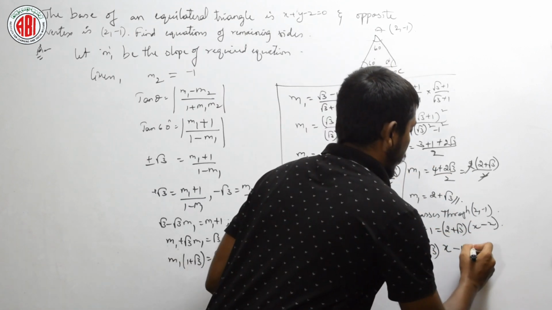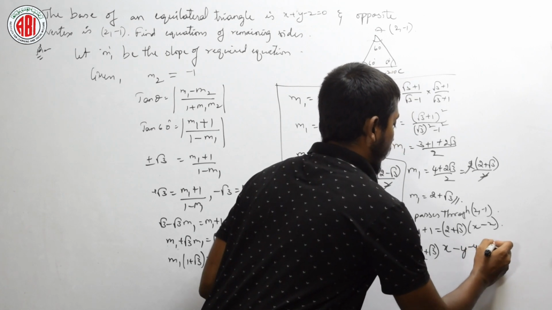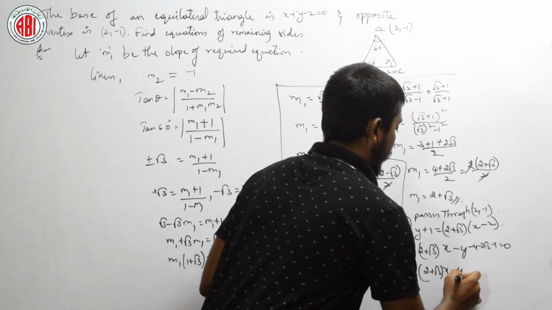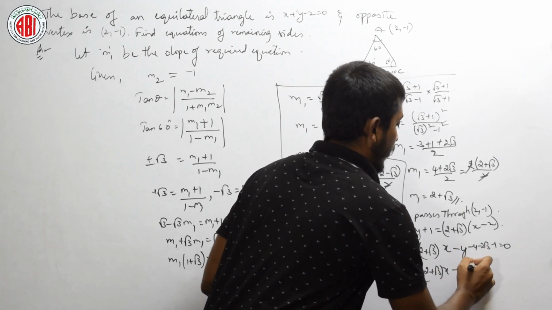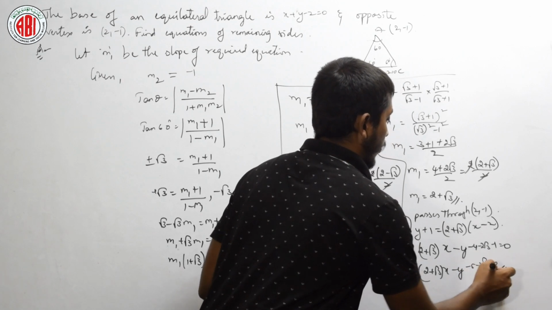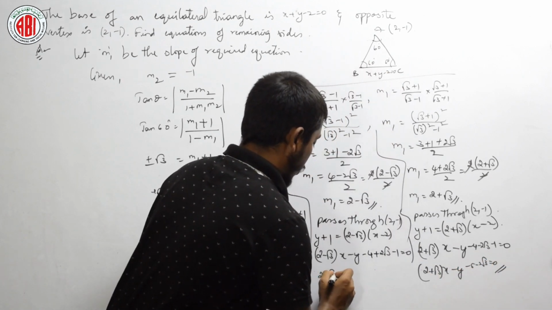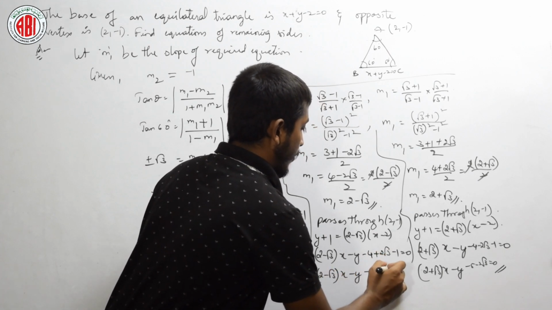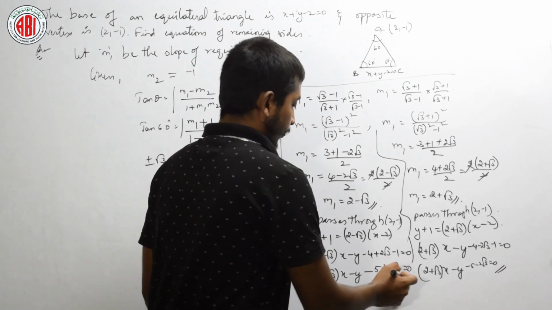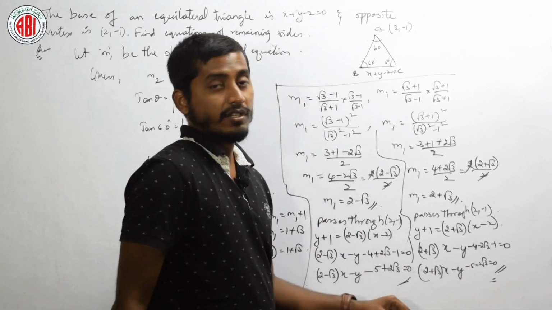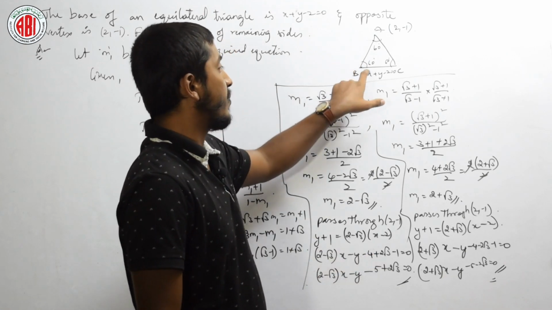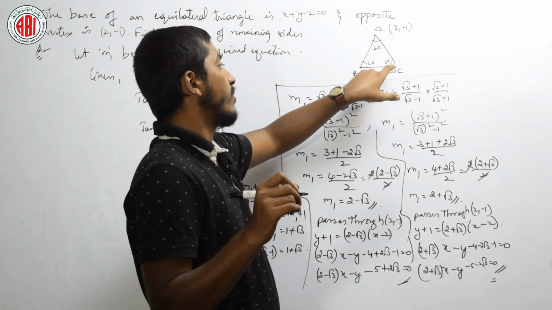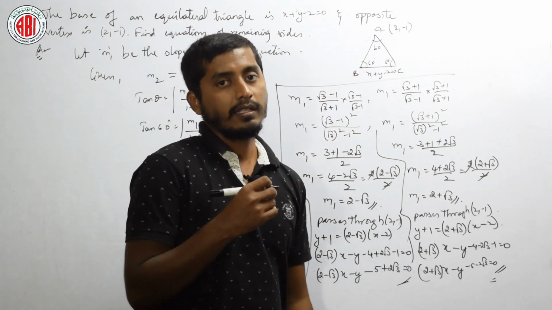Let us multiply these both, minus 4 minus 2 root 3 minus 1 is equal to 0. It becomes 2 plus root 3 into x minus y minus 5 minus 2 root 3 equal to 0. Here 2 minus root 3 into x minus y, here also it is minus 5 plus 2 root 3 equal to 0. These are the two equations of an equilateral triangle in which the base and the apex is given. Here there is a vertex of a point opposite to this base. Is it clear?